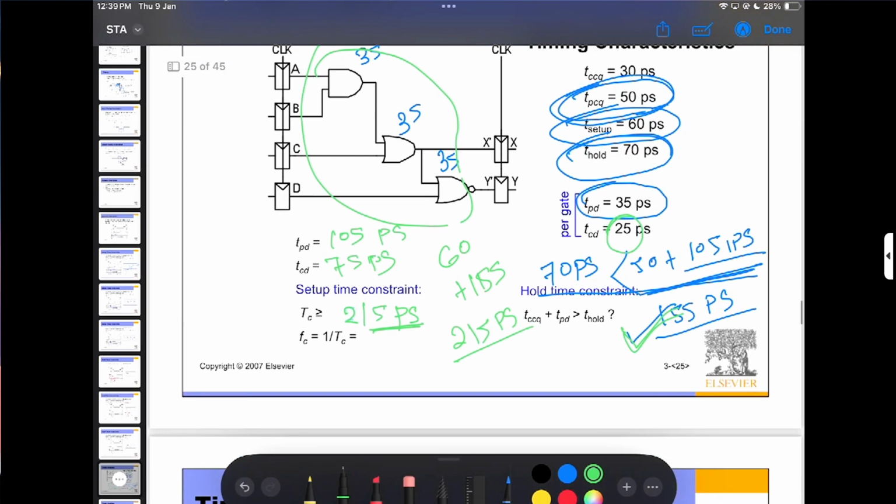And what is TCCQ plus TPD plus T hold? Basically that is the TC. I already told you this is 155 and my hold is 70. And the frequency is 1 by 215 picosecond.